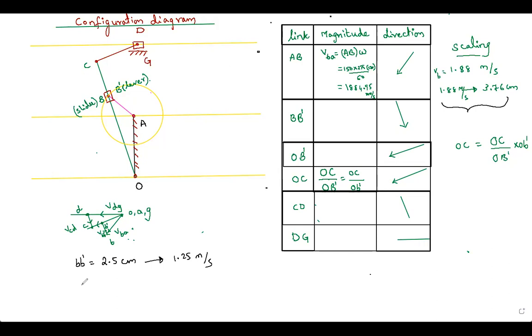Suppose I measure OD, the velocity of sliding, which looks like the greatest length of everything. Let's say it's 5 centimeters.